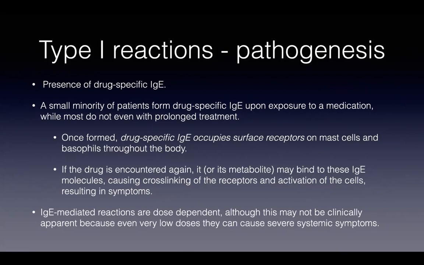If the drug is encountered again, even a metabolite of the drug may bind to the IgE molecule, causing cross linking of the receptor and activation of the cells, and that causes the symptoms of the type 1 reaction. And if it is anaphylaxis, the features of anaphylaxis also come. IgE mediated reactions are dose dependent, although this may not be clinically apparent because sometimes even very low doses can cause severe systemic symptoms.